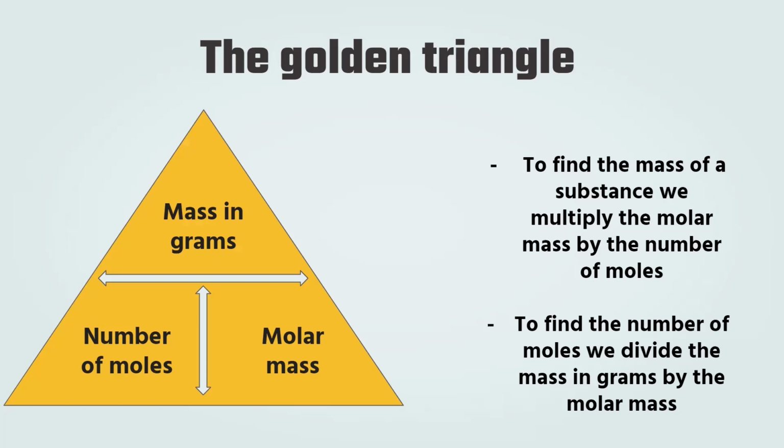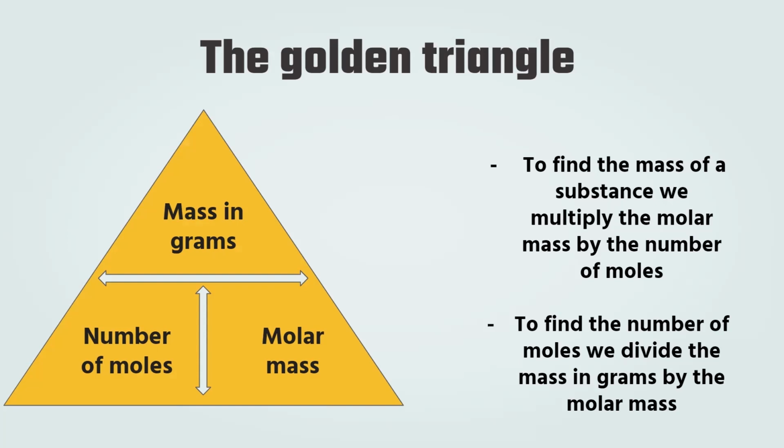Think of every line separating the sections as an equal sign. If you do that, you'll find that the triangle is very easy to read. Now, let's look at the mass in grams. Think of the line under the mass in grams as an equal sign, and the other two sections being the operation used. What this triangle is telling you is that the mass in grams is equal to the number of moles times the molar mass.